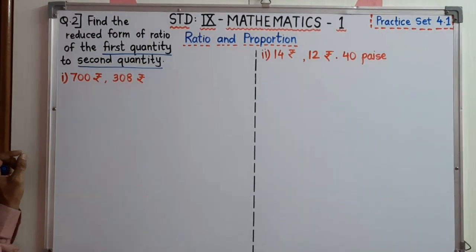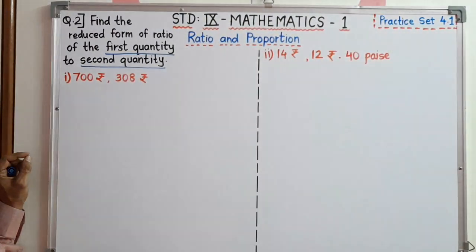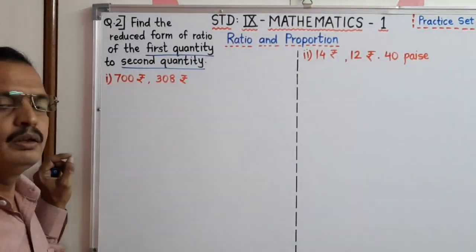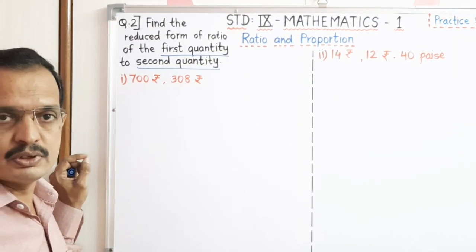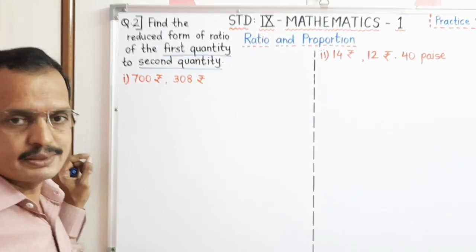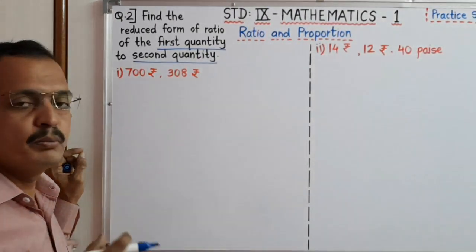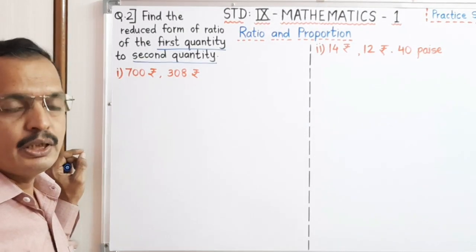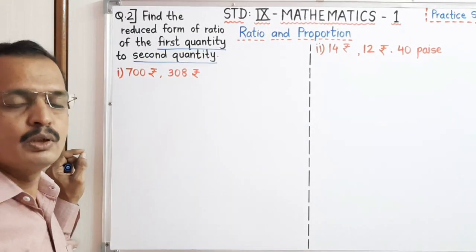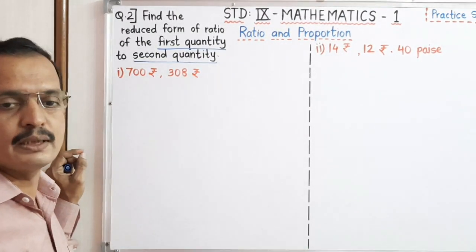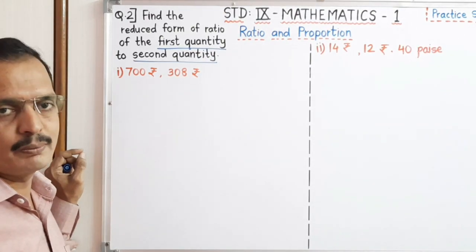Dear student, see, reduced form of the first quantity to the second quantity. Now when units are given, I have already explained to you that ratio means division or comparison, and when we have to compare, both quantities must be in the same units. If they are not in the same units, we have to convert them into the same units and then simplify them.